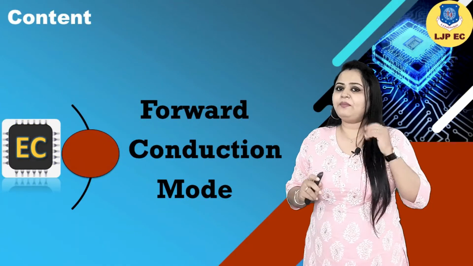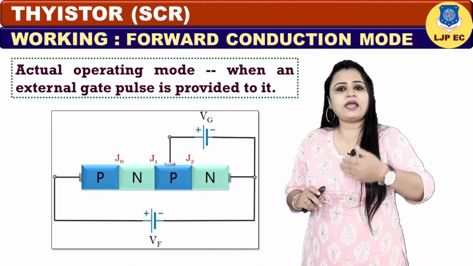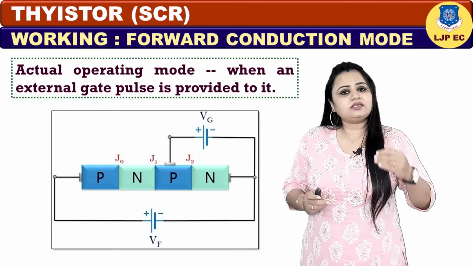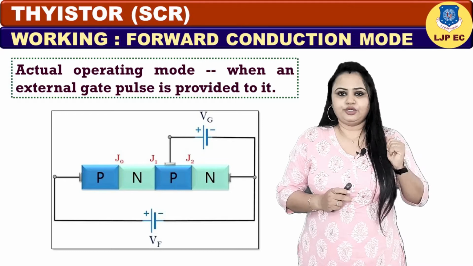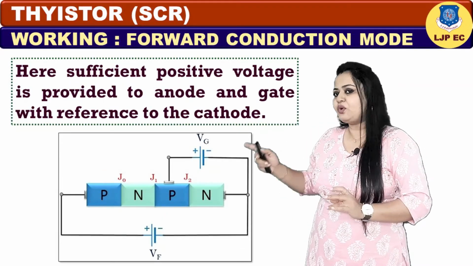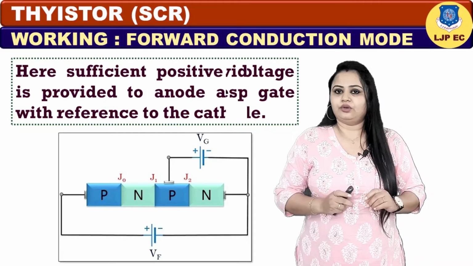Now let's see what happens in forward conduction mode. Proceeding further, the actual operating mode of thyristor arises when external gate pulse is provided to it. Here, sufficient positive voltage is provided to anode and gate with reference to the cathode.